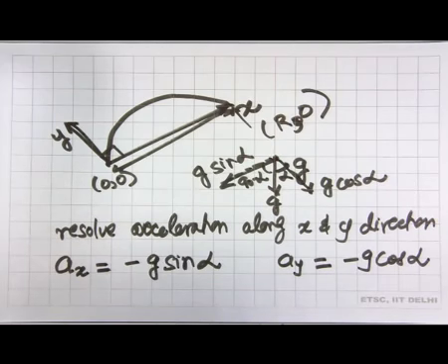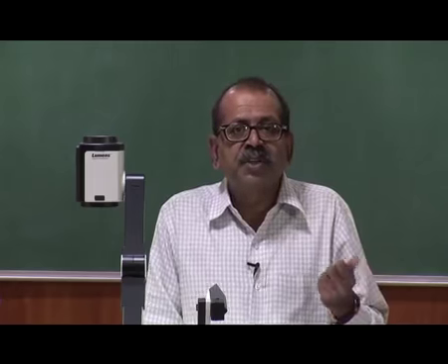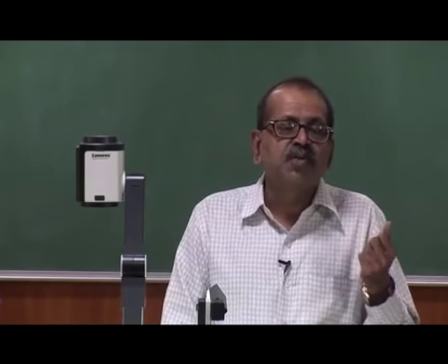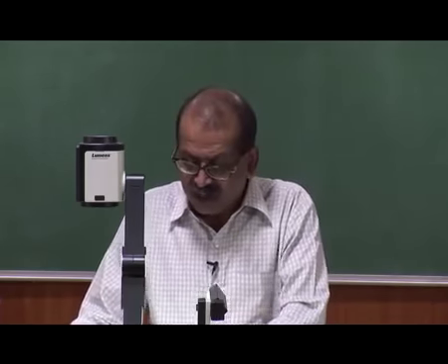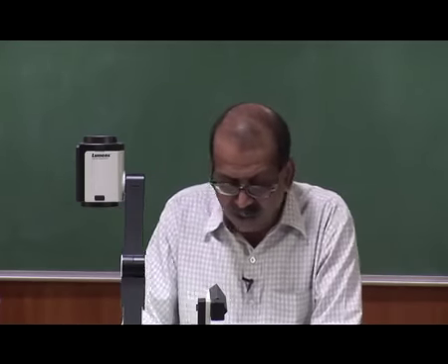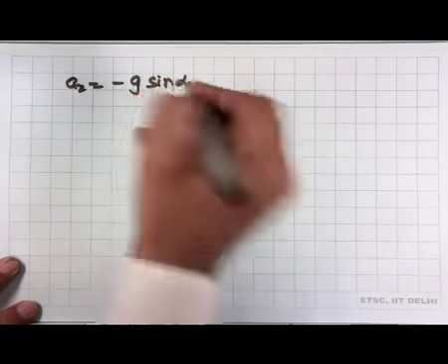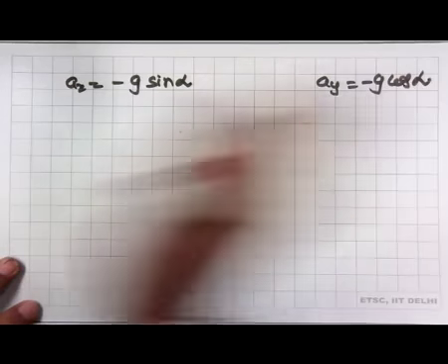So, the difference with this inclined formulation compared to the previous case is that there is an acceleration in the x direction and in the y direction, whereas previously the acceleration was only along y. This comes from the way we have chosen our axes. So Ax is equal to minus g sin alpha and Ay is equal to minus g cos alpha.